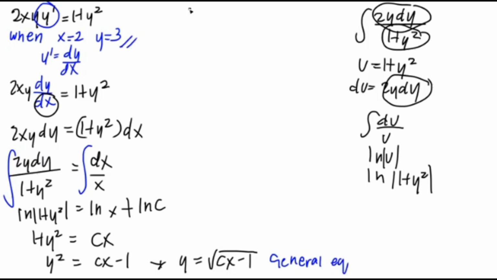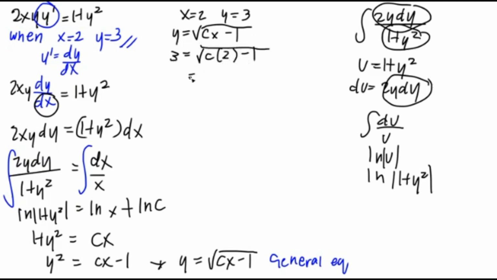So substitute natin. X is equal to 2, y is equal to 3. Y is equal to square root of cx minus 1. Y is 3, square root of c times 2 minus 1. So, 3 is equal to square root of 2c minus 1.